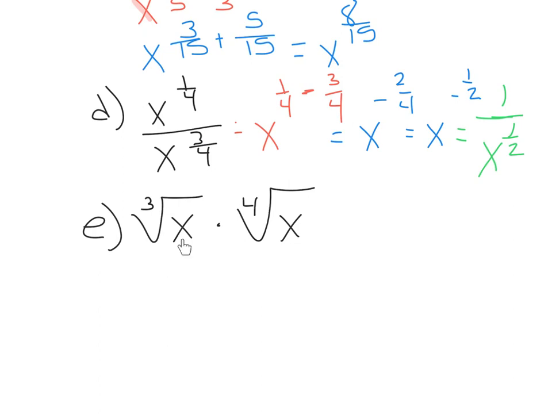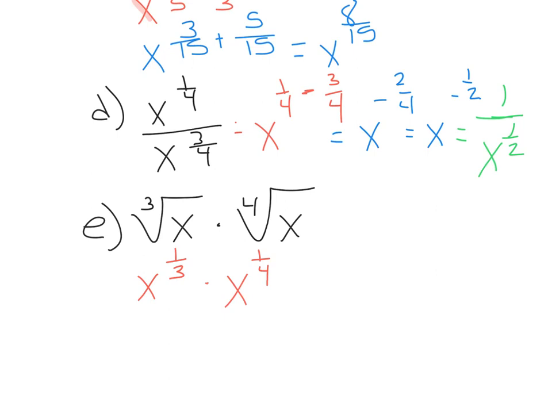So what we're going to need to do is turn these radicals into bases with fractional exponents. So this will turn into a base of x with an exponent of 1/3 times a base of x with an exponent of 1/4. And then we're back to the same rule again, where if you multiply the same base, you add the exponents. But to add these exponents, they have to have the same denominator.